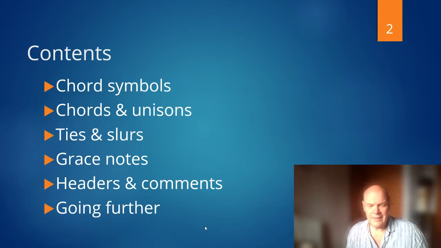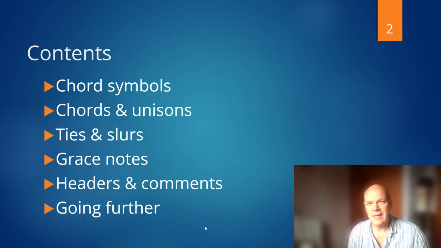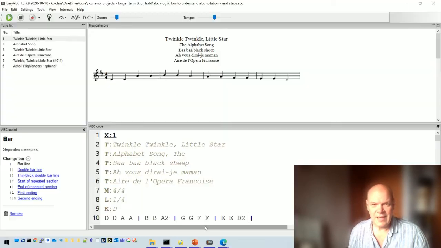Now yesterday, when I was doing the previous video, I was just typing stuff in. I thought today I would do that, but also demonstrate by showing you examples that I found on the ABC website. So let's have a look at the ABC code. And I thought we might as well start with a tune that I guess everyone knows.